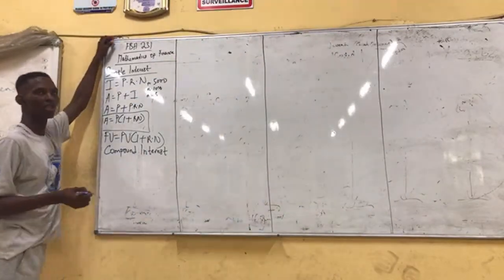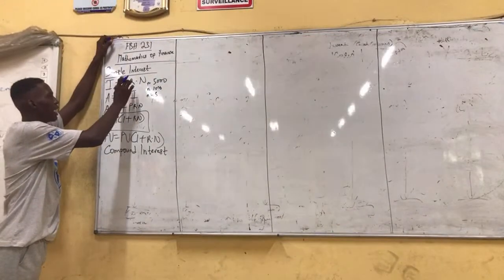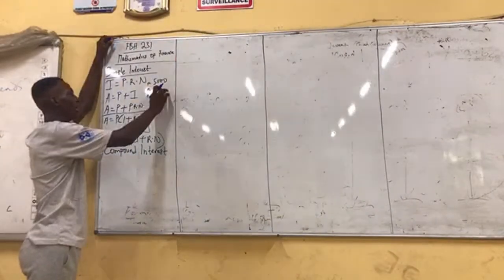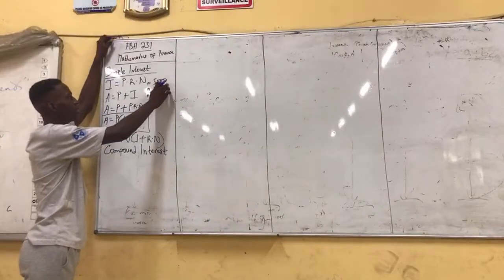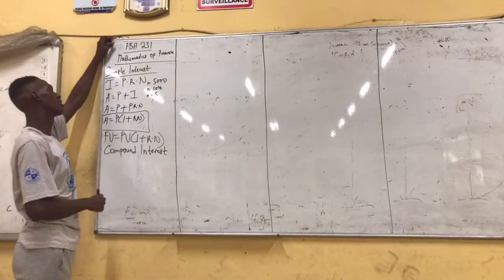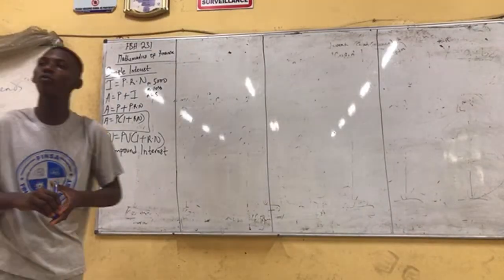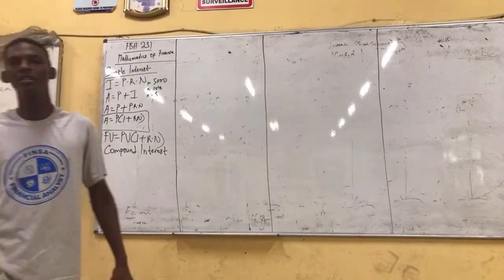If it is simple interest, like I said, the interest is constant. That's why you can use P times R times N. So that is just 5,000 times 10% times 5. 10% of this is 500. 500 times 5 is 2,500. So this is the 500 that you receive for year 1, 500 for year 2, 500 for year 3, up to year 5.